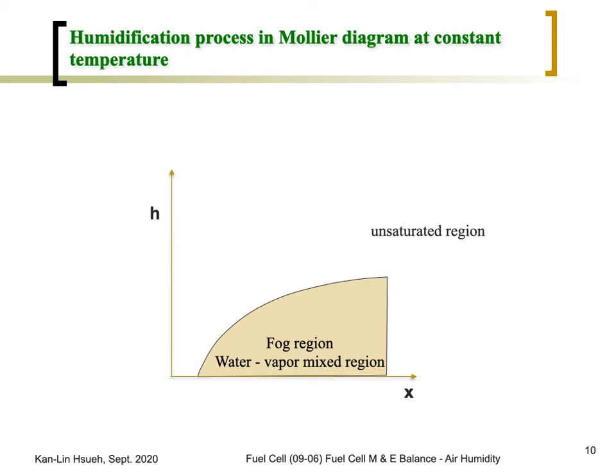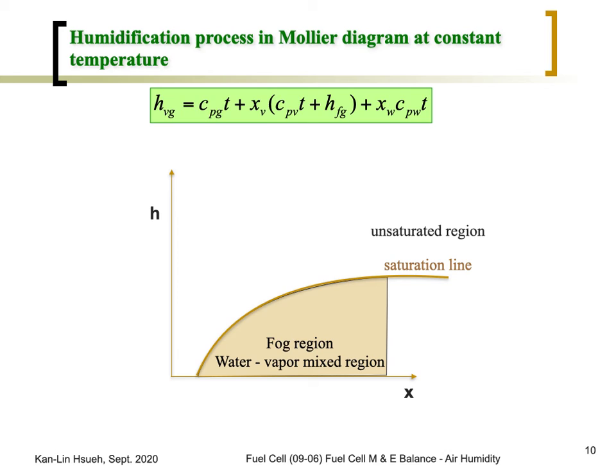Next, we're going to look at what happens if the humidification process takes place at a constant temperature. And this is the saturation line. And this equation gives the enthalpy of air at different water content and temperature.